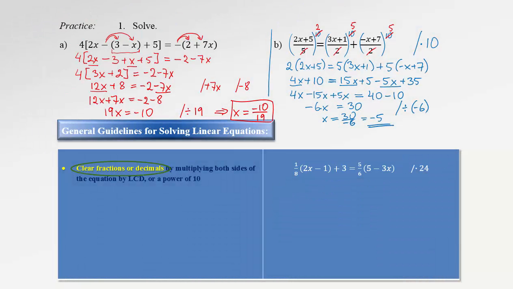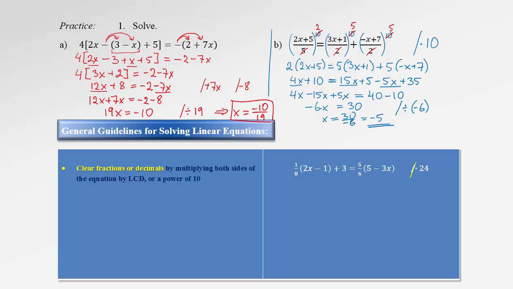Well, we like to clear all fractions or decimals, because those fractions could be some decimal numbers. So how do we do that? Well, we multiply by the LCD of the denominators. So the LCD for 6 and 8 is 24, because 24 is divisible by 8 and it's divisible by 6, and it is the smallest number with such properties.